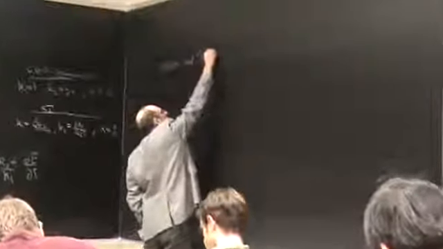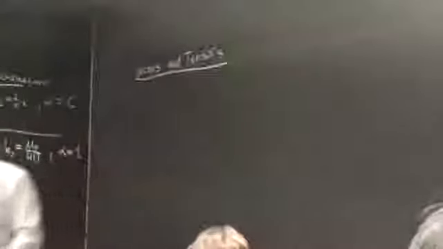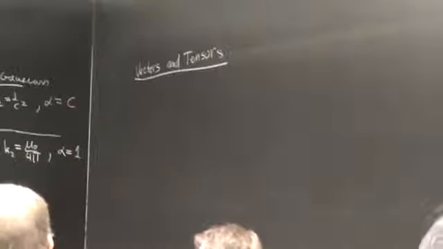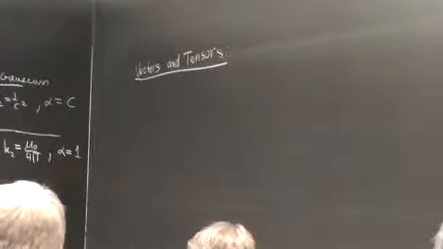So what I want to spend today doing is establishing a bit of a baseline for talking about vectors and tensors. Some of what I'll talk about is quite trivial stuff that you know, but I want to establish a kind of notation.